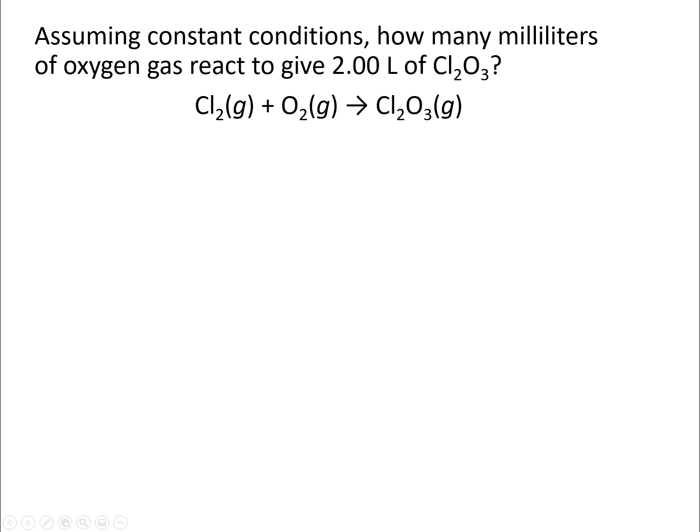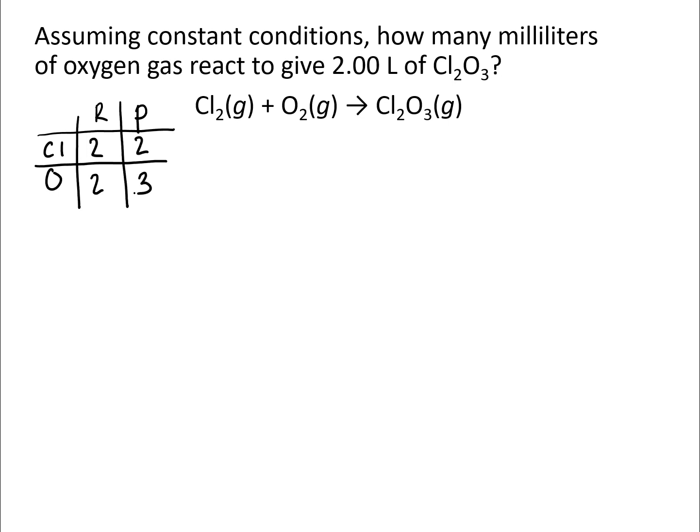This equation is not balanced. So if we look at our reactant side, there are 2 chlorines and 2 oxygens. On the product side, 2 chlorines, 3 oxygens. That's a problem. So we have to balance this first.